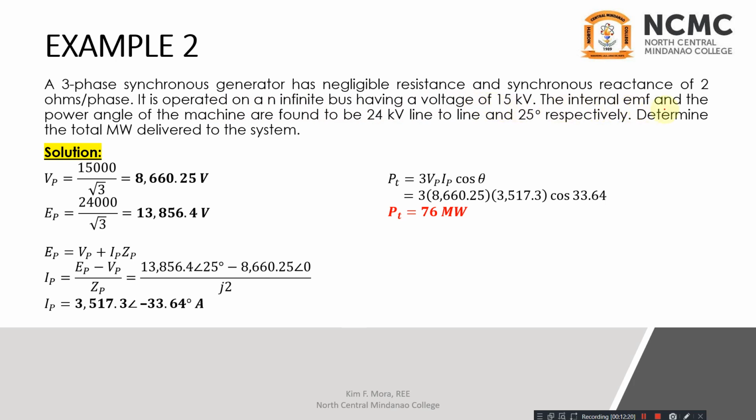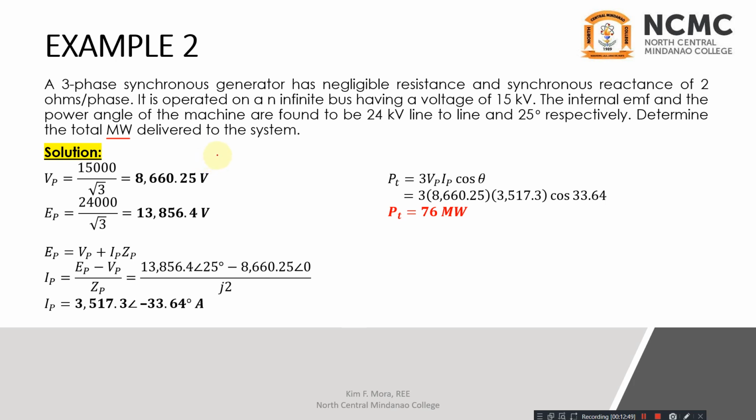The internal EMF and the power angle of the machine are found to be 24 kilovolts line to line and 25 degrees respectively. That is the power angle of the internal EMF. Determine the total megawatt hour delivered by the system, meaning the total power delivered by the system.